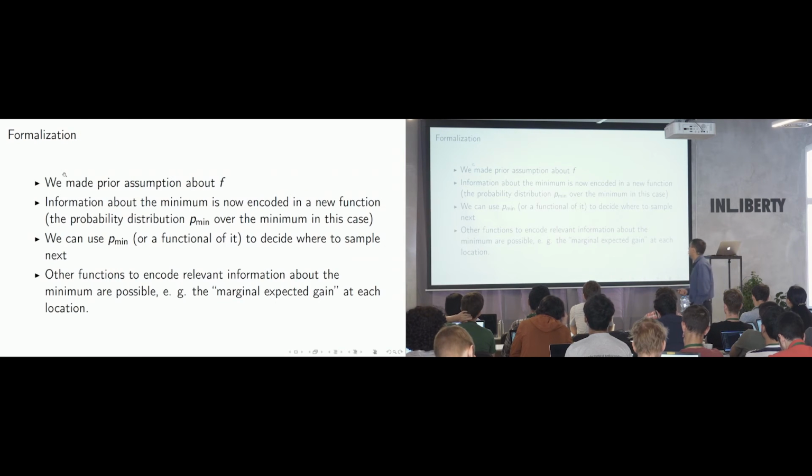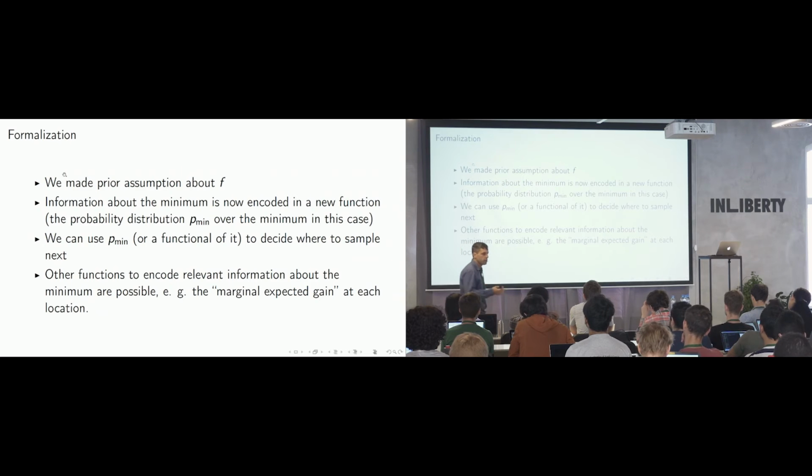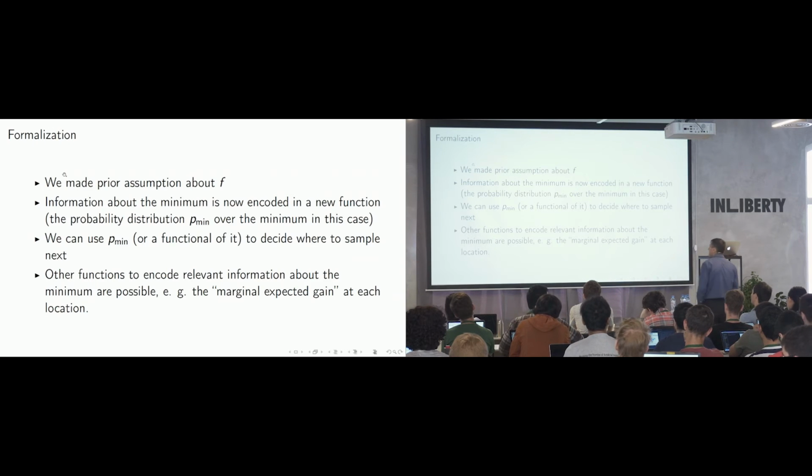And so the overall idea of all these approaches to Bayesian optimization is as follows. We impose some prior assumption on the function we would like to optimize. We sample some values of this function.